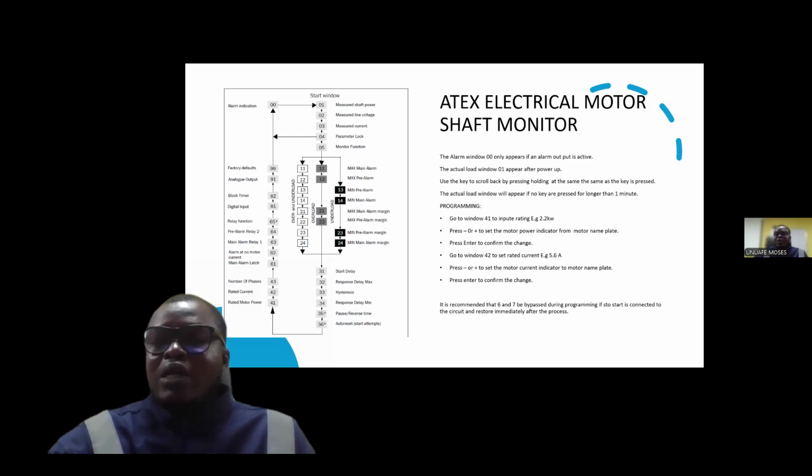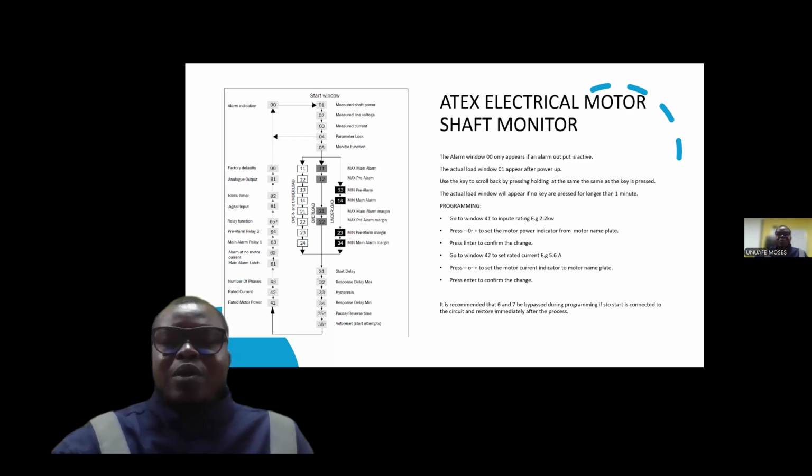Then when we talk about the code of windows 32, 33, and 34, it is the maximum response delay, which is the response delay setting. Then 35 and 36 are the pause and reset mode.